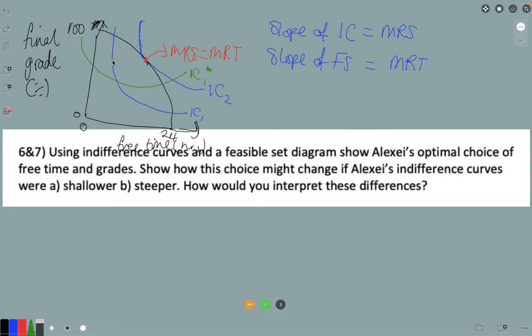If I kept pulling this indifference curve this way, let's pretend the shape of it stays the same. Let's say I can pick it up and move it, and the shape stays the same. What you'll see is it would end up being tangential. It's a bit difficult drawing on this, this isn't the best drawing pad.